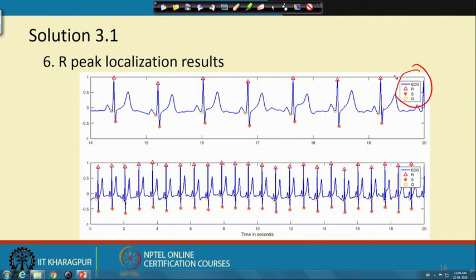R, we have specified, there is a small hat, they have drawn a small triangle for that. Then S is drawn with a different symbol, star, and for Q, O is used. So, different symbols are used here to designate them separately.